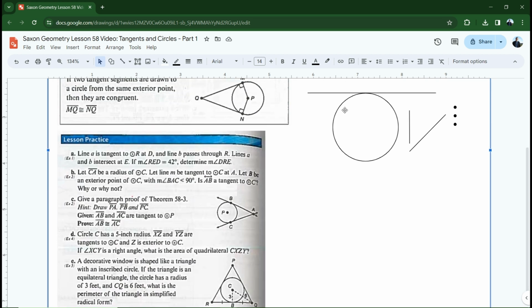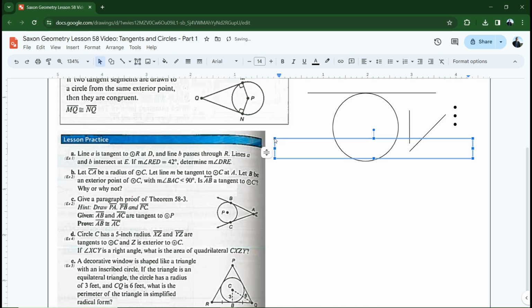You notice I have a bunch of miscellaneous pieces of diagrams over here. That's because the most important thing to do with these problems, as with many geometry problems, is to start by drawing them out. All right, let's get started with letter A. Line A is tangent to circle R at point D. Point D is a point of tangency.